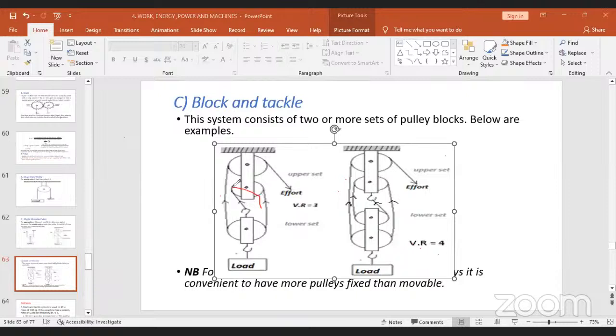There are 3. So we are advised to ensure that more pulleys are on the fixed side and fewer on the movable part, because the lower part is movable. This part here is fixed. But if they are equal like these ones, you just divide equally.